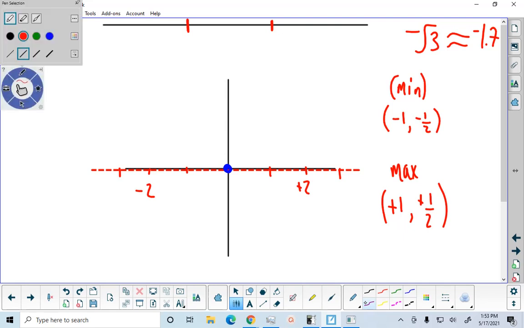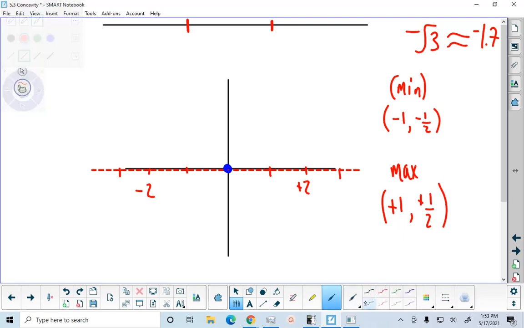Okay, good. So I need to scale things vertically to get to -1/2 and +1/2. We also had inflection points at -√3, -√3/4. Is that an inflection point? Yes?